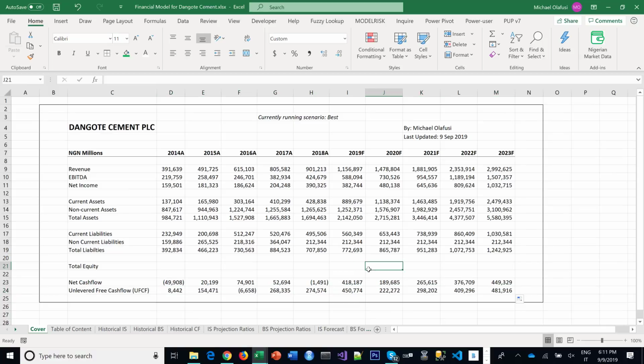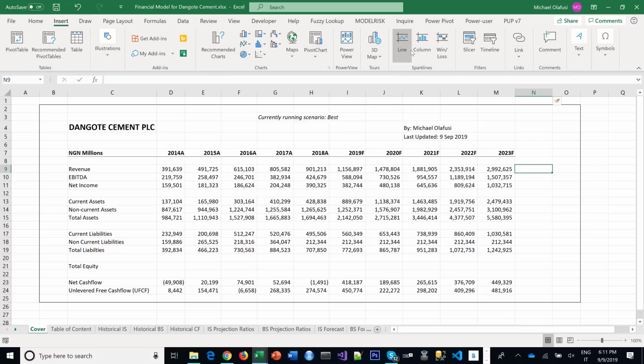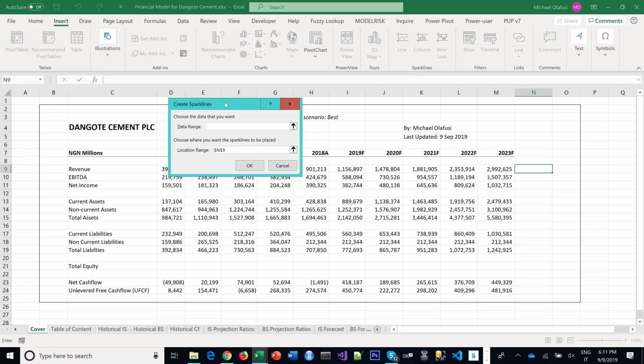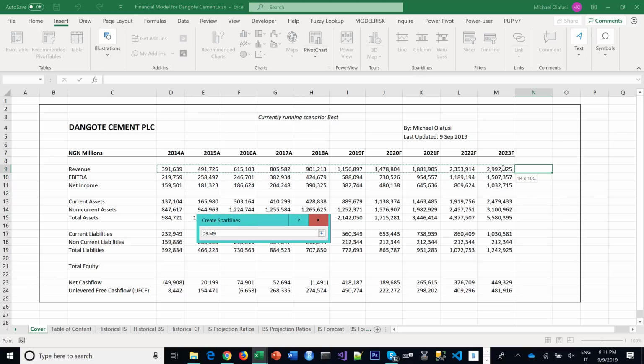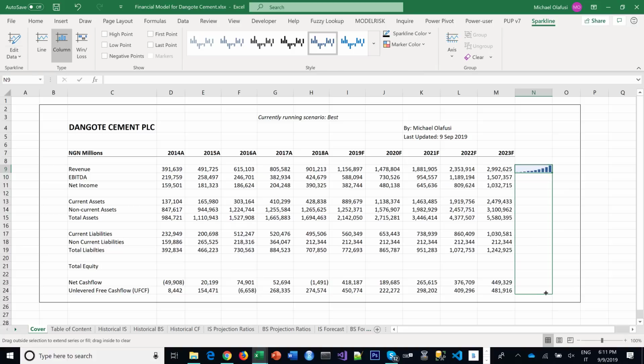Okay, so the unlevered free cash flow, and that is it. I can put a spark line in front of it to make it easier to visualize how it's been changing. So I can do a spark line, so you can see how it's been changing.